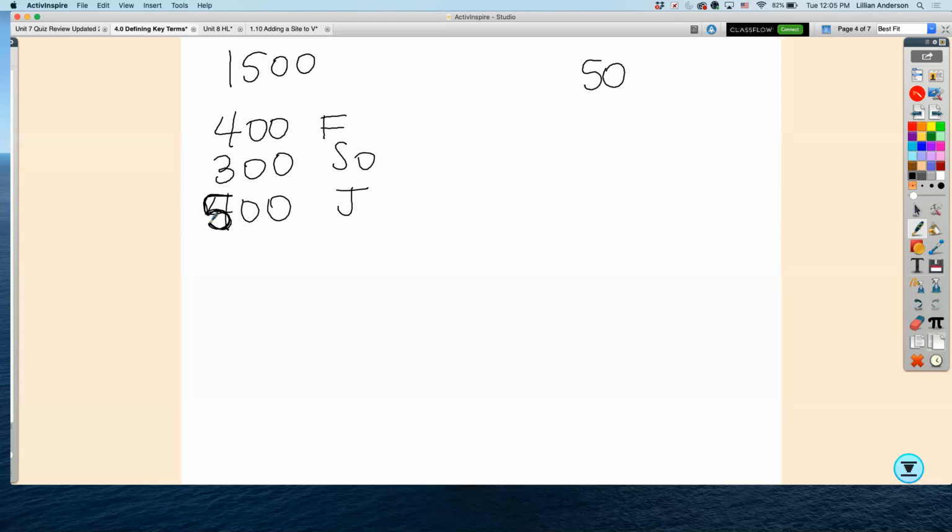And then there's 300 seniors, right? That's how many students there are in Lake Wales. So if she wants to make sure that every group is fairly represented based off of the size of each of their subgroups, then what she will want to do is take 400 divided by 1,500 and then multiply that by 50. Somebody do that right now.